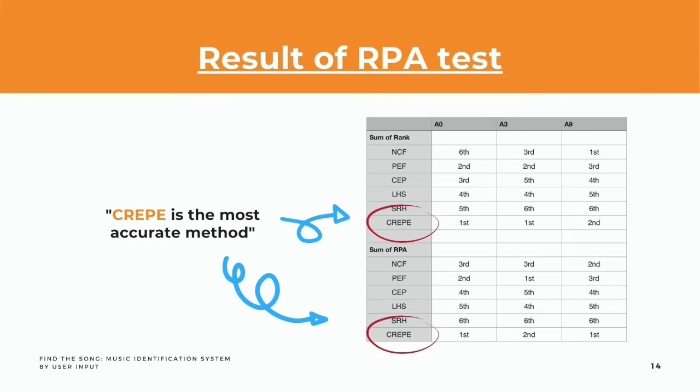To find the most accurate method, we pick only 3 songs from the 10 songs, which are totally in different styles, for taking the RPA test. And following the table in this slide, you can see that Crepe is in first rank, so it means Crepe is the most accurate method to use for the pitch extraction process, for both the music database and the query input from the user.